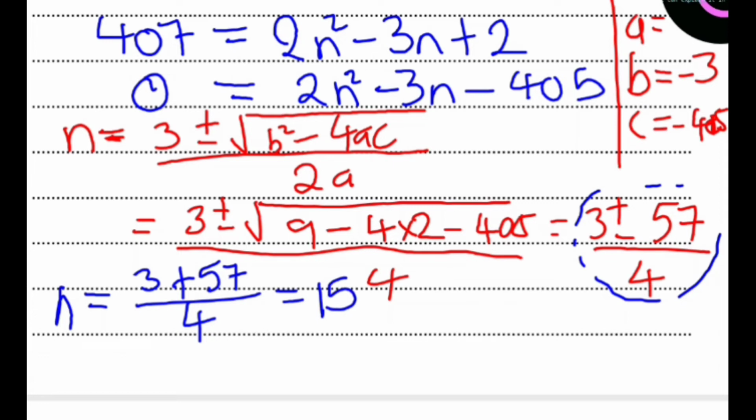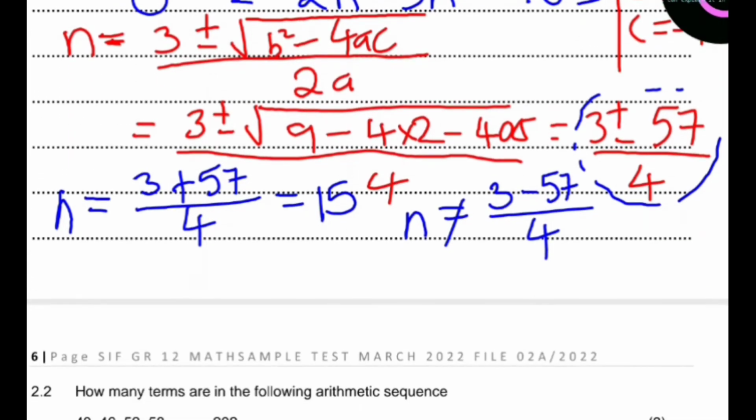So I can ignore the negative number, and n is not equal to the 3 minus 57 over 4. We'll ignore that number. So it's the 15th term. The 15th term in this sequence has got a value of 407.